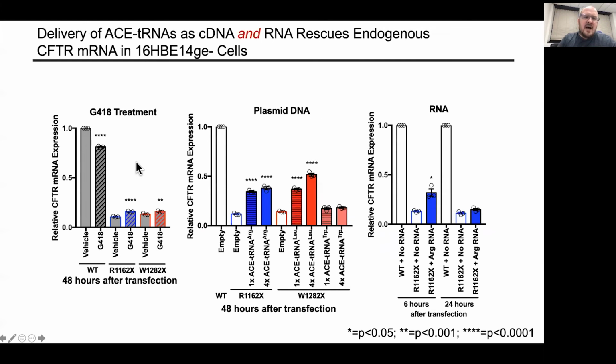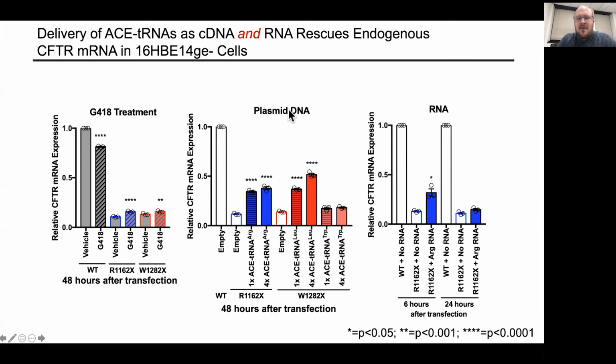And so moving on, we look to see if these ACE tRNAs can suppress NMD. So here we have just the exposure of our R1162X and W1282X 16-HBE cells with G418. And you can see that you have a significant rescue in the CFTR expression, however, it is modest.